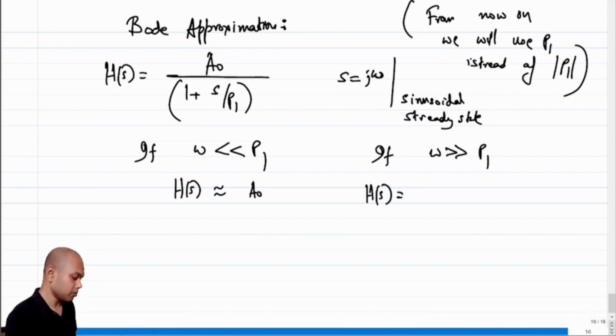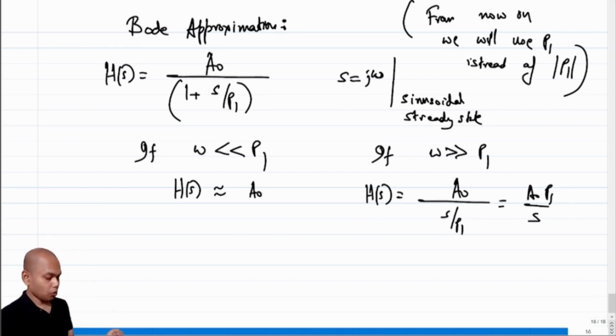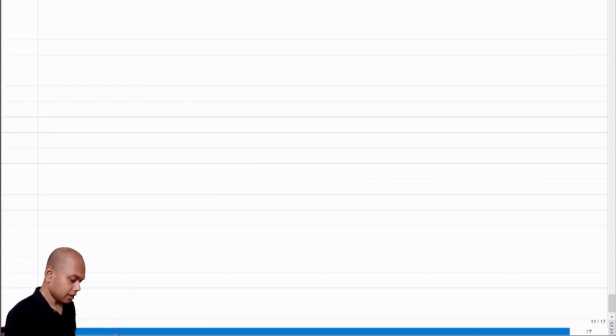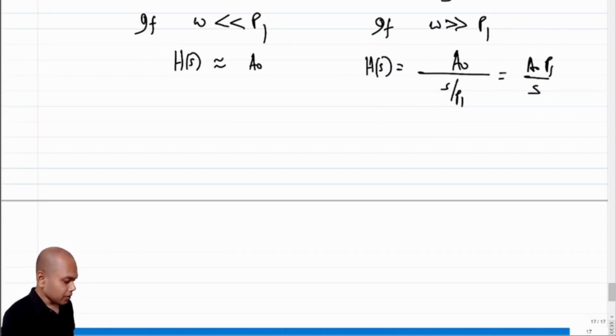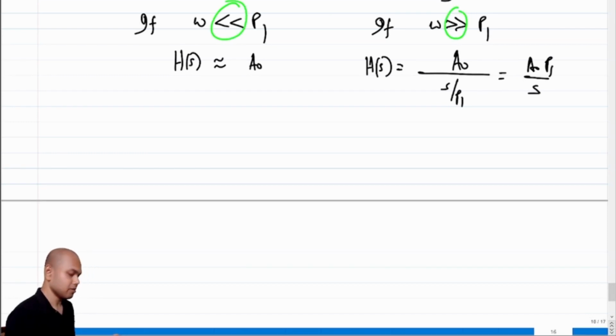H of s is approximately a naught by s by p1, which means a naught p1 over s. So Bode came along and said it will make our life really simpler if we drop this much less than, much greater than constraint, and say that as long as omega is less than p1, H of s is a naught, and as long as omega is greater than p1, H of s is a naught p1 by s.